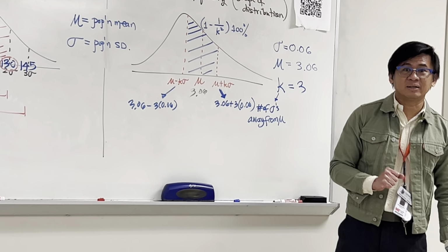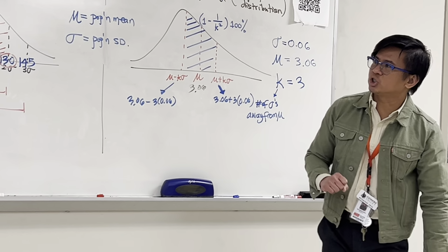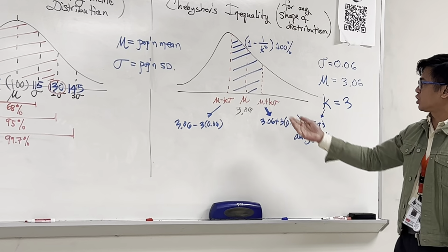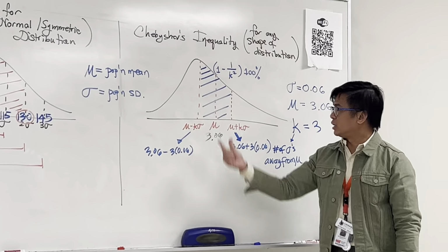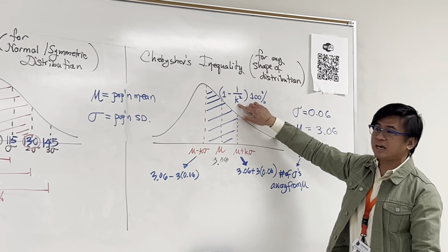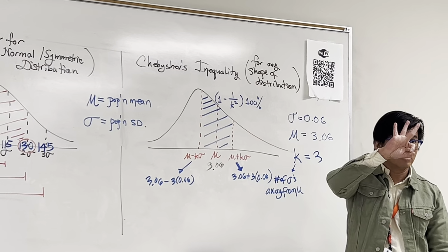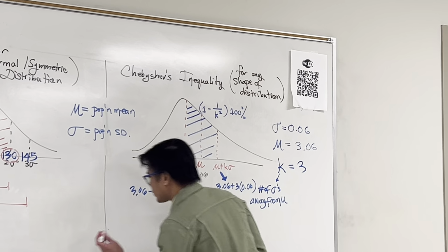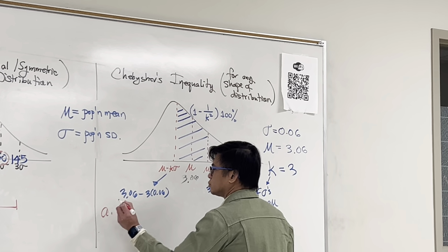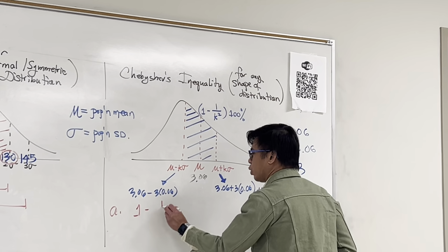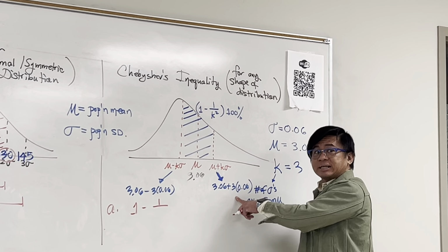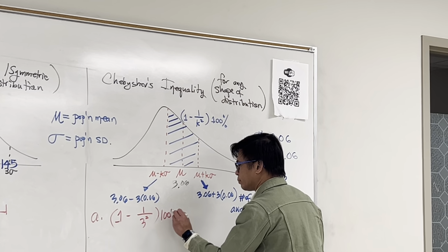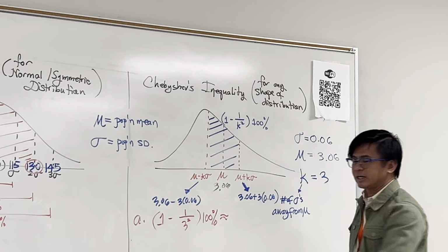Now, what's the question? What is the minimum percentage of gasoline stations that had prices within 3 standard deviations of the mean? That means above and below the mean. What is the percentage of that population? So for letter A, what's the answer? 1 minus 1 over K squared, and K is 3 standard deviations above and below the mean, so 1 minus 1 over 3 squared, times 100%.